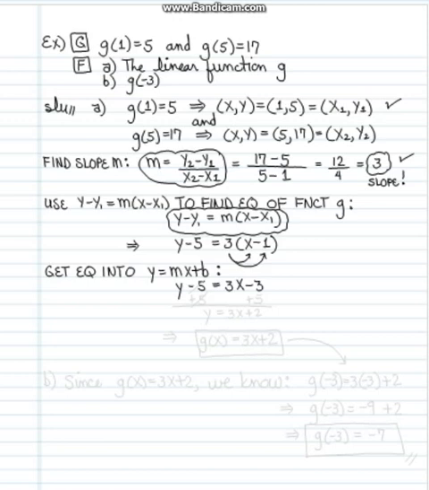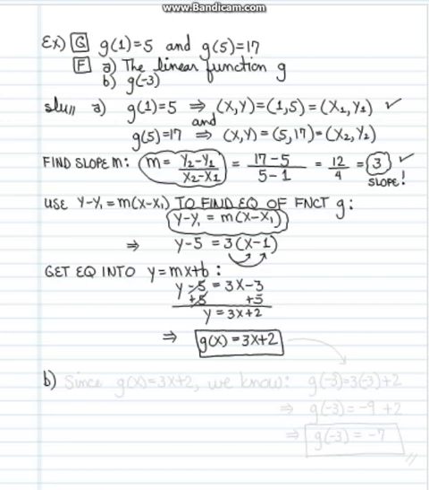And then we want to get y by itself, so we'll add 5 to both sides. These cancel, we get y equals 3x plus 2. And then we should write it in function form, g of x in place of y, equals 3x plus 2. And that is the answer to part A.